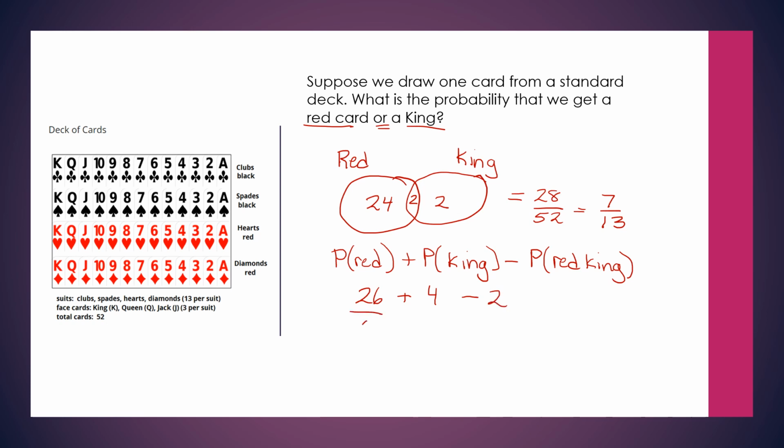And if I put this all over 52 cards, you would see I have 26 plus 4 is 30 minus 2, and I get back to that 28 over 52. So whichever way you see it, as a Venn diagram or using the formula, you will get the correct answer.